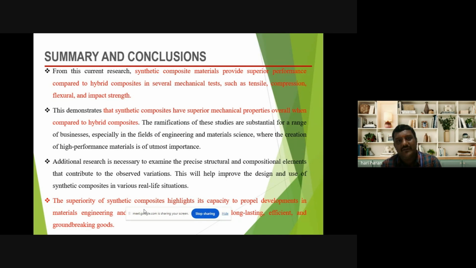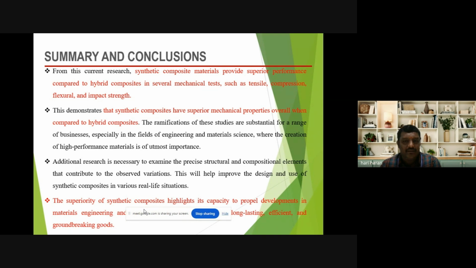From this current research, synthetic composite materials provide superior performance compared to hybrid composite in several mechanical tests such as tensile, compression, flexural, and impact strength. And the percentage values are already given. And this demonstrates that synthetic composites have superior mechanical properties overall when compared to the hybrid composites. Additional research is necessary to examine the precise structural and composite elements that contribute to the various observations.